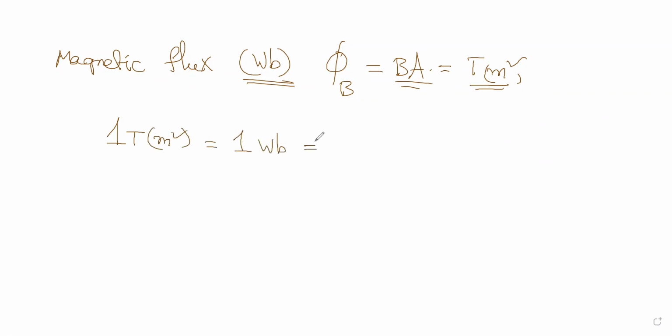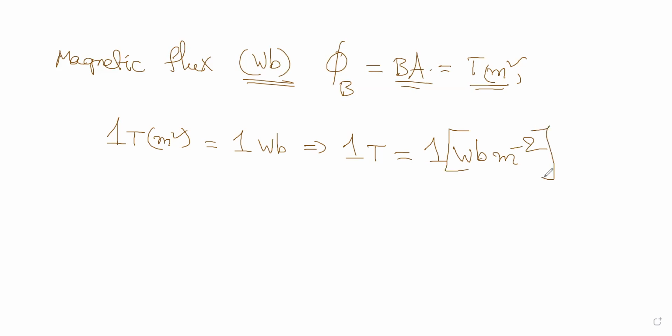This is where I got a little bit confused. Generally I don't miss that, but sometimes there is a lapse in my concentration. 1 Weber per meter square, when you take meter square to the other side, gives Weber meter power minus 2.